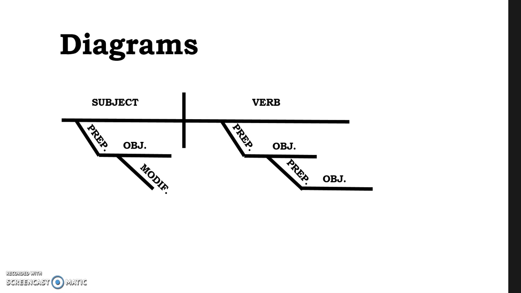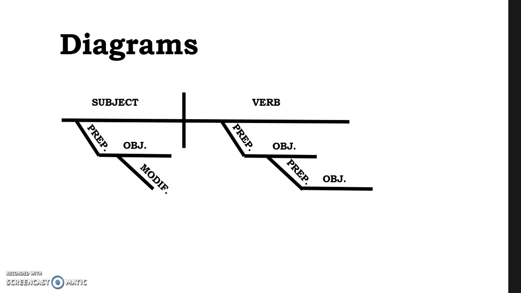The preposition itself goes on the diagonal descending line, the object of the preposition on that horizontal line, and any remaining modifiers we put on additional diagonal descending lines stemming from the object of the preposition, just as we would put a modifier stemming from the baseline. Over beneath the verb, you can see a case in which we have prepositional phrases linked together, just like we saw in our two examples a moment ago. We simply chain them together and run object of preposition to object of preposition.